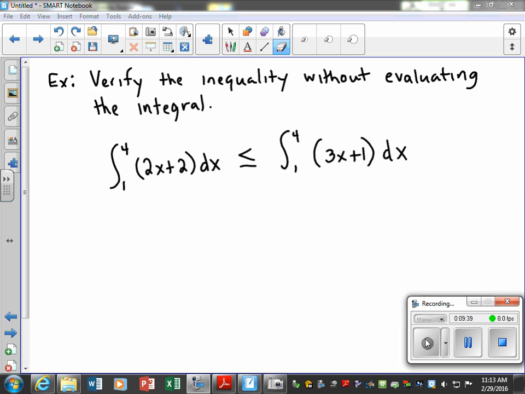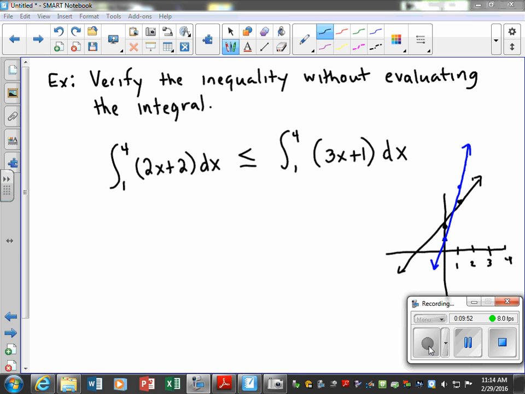Okay, verify the inequality without evaluating the integral. So we want to compare these two and show that this one's going to be less than or equal to this one. So write this one down and then we'll work this example.